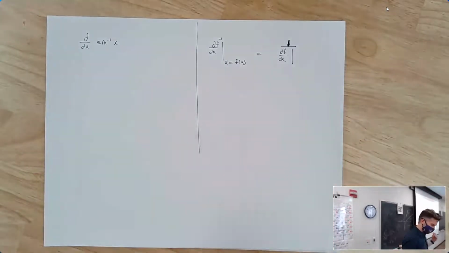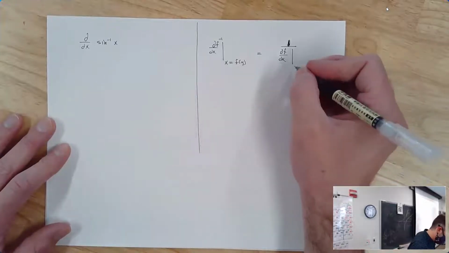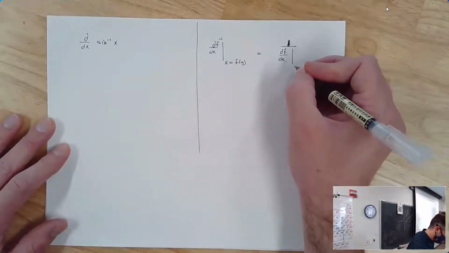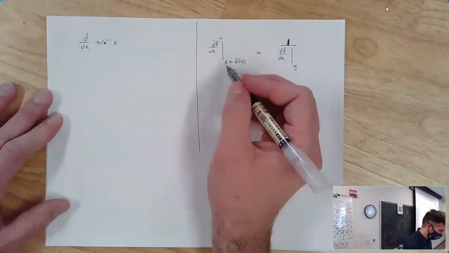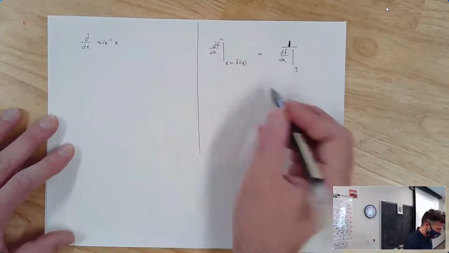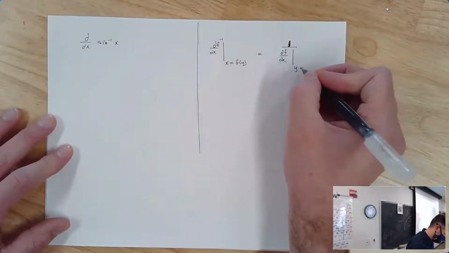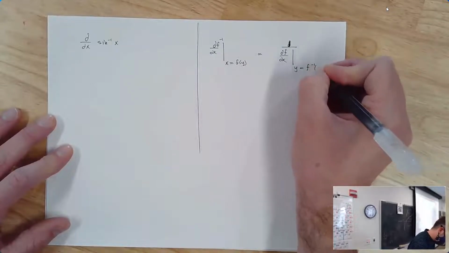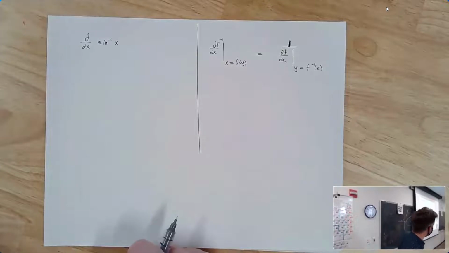I think I just want this to be y. I feel like I picked the wrong letters here. Basically, whatever you're throwing in here, it should be the inverse of that over here.